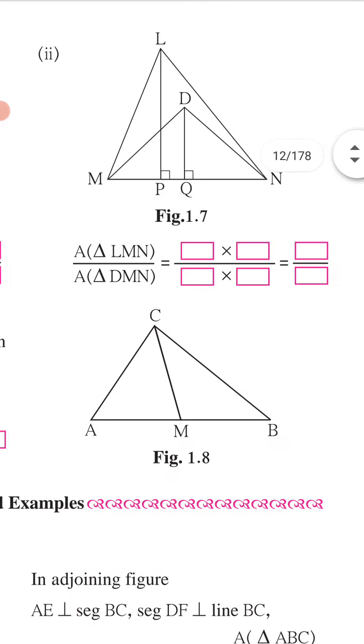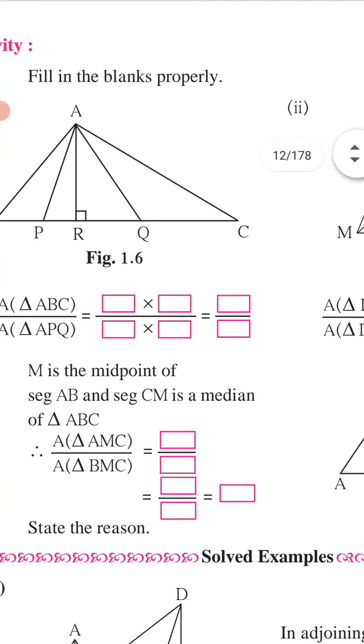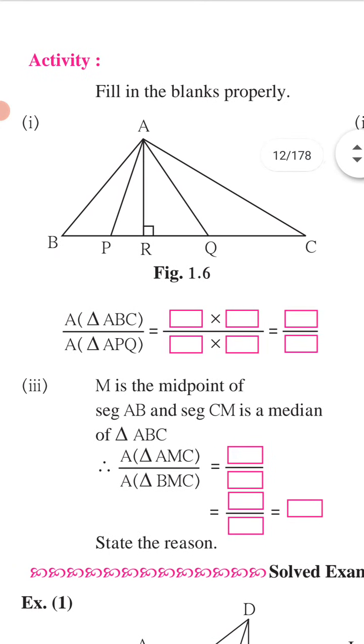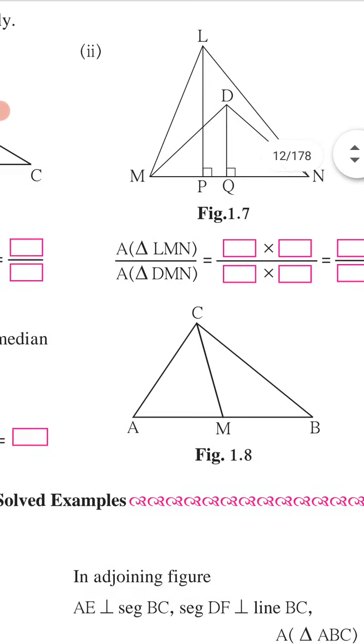See for the second one, area of triangle LMN upon area of triangle DMN. This first activity shows the first property. If the height is the same, then the ratio of areas of two triangles is equal to the ratio of their corresponding bases.